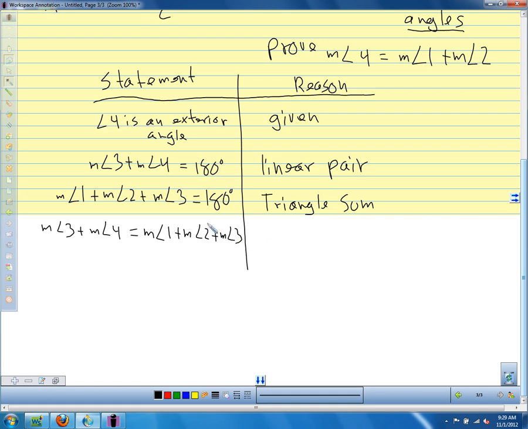And the reason there, I substituted this right here for 180. So let me highlight that. So I highlight this, and I substitute this right there for 180 degrees. So that's substitution.